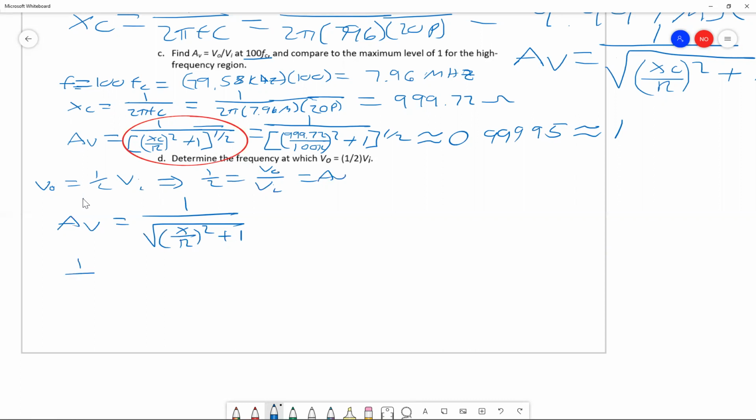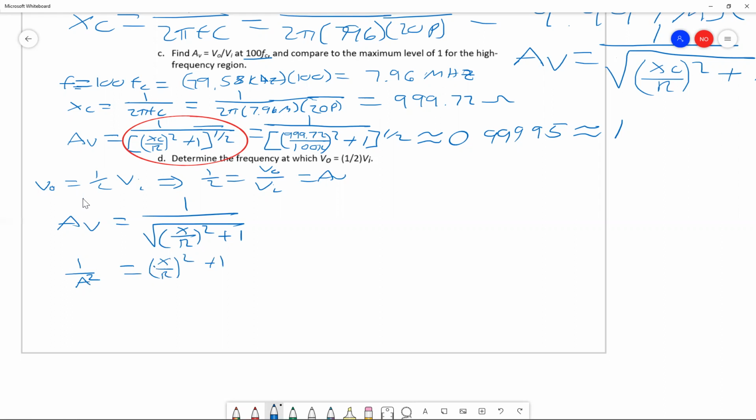So you're going to get 1 over A, I'm just going to write A for convenience, squared, and then we have no longer square rooted, we've got (X over R) squared plus 1. Like I said, we just flip them to the top and the bottom respectively, which you're allowed to do, and then we took the square of both sides. So the square root got removed on the right side, and it now exists on the left side.